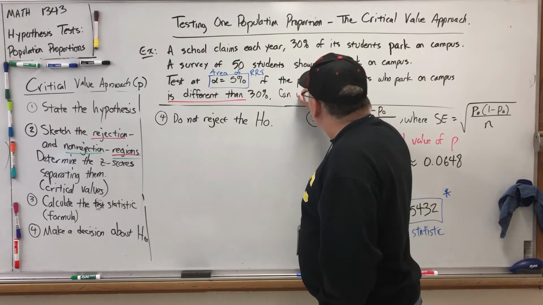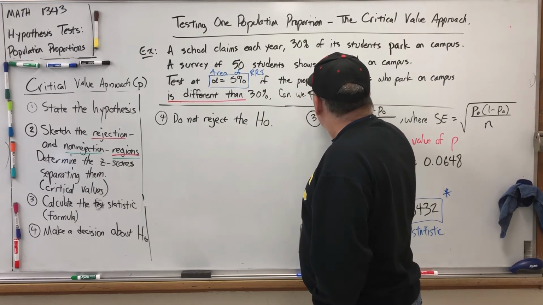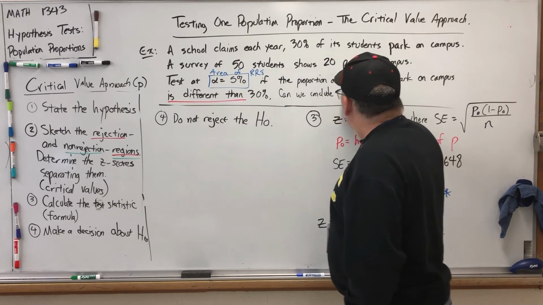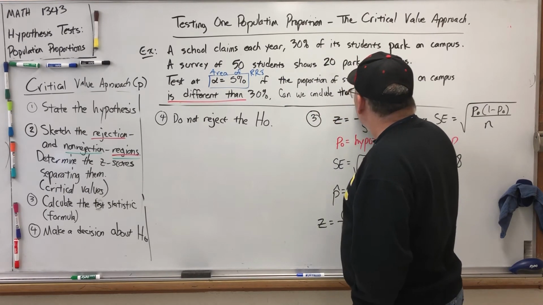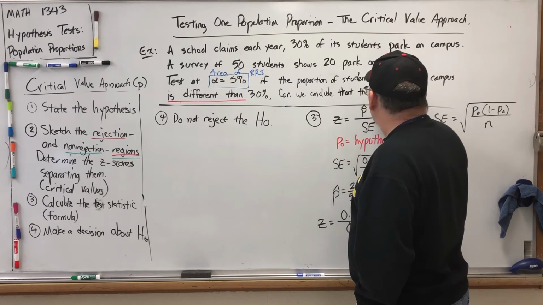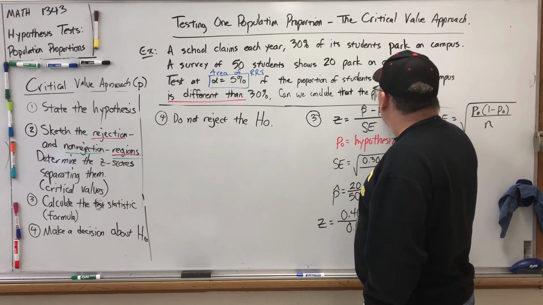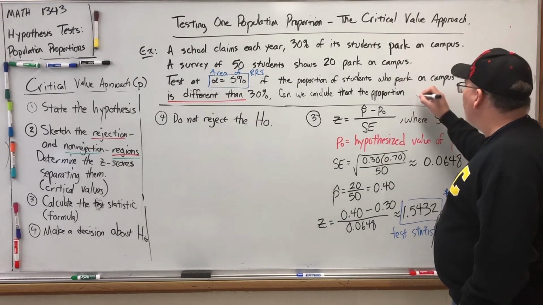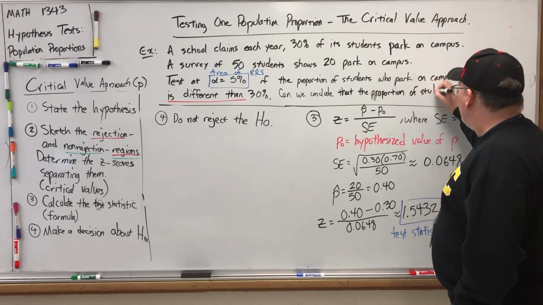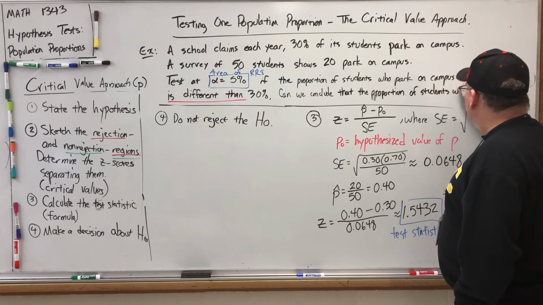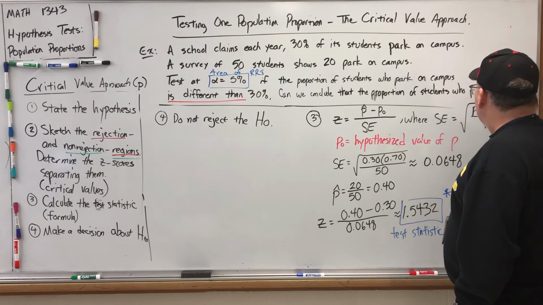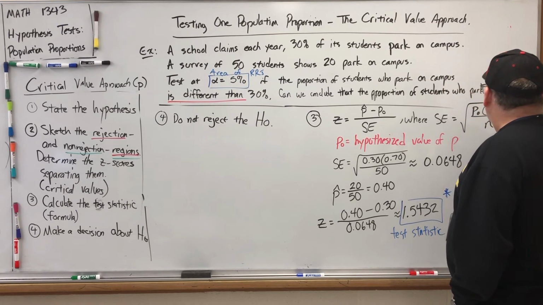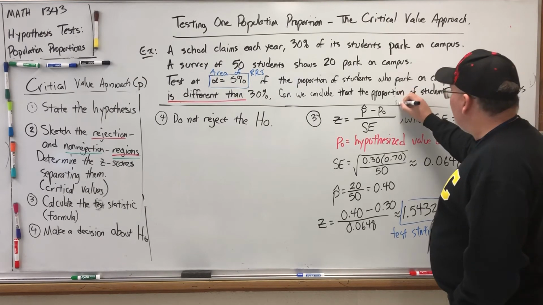Can we conclude that the proportion, those words are fairly interchangeable. Can we conclude that the proportion of students who park on campus is different than 30%? I can't quite fit it in that one line, so I'll make do here.